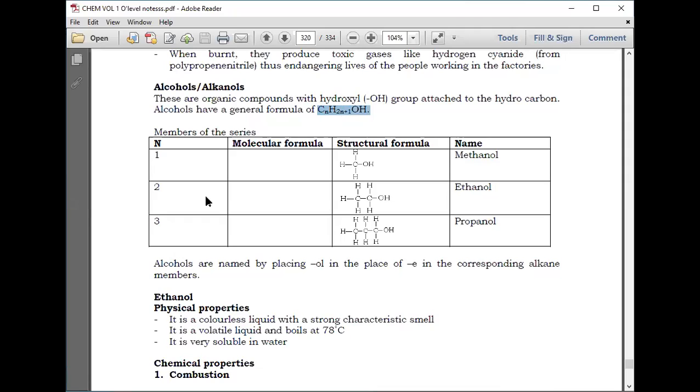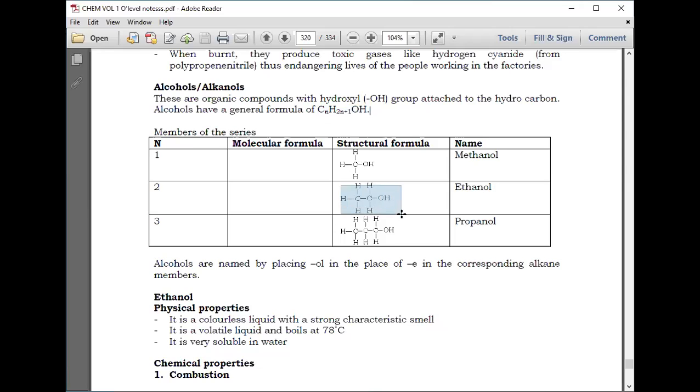And if n is 2, the molecular formula, write this, will be C2H(2n+1), that is C2H5OH, right? When n is 2, we have C2H5OH, and this is its structural formula.